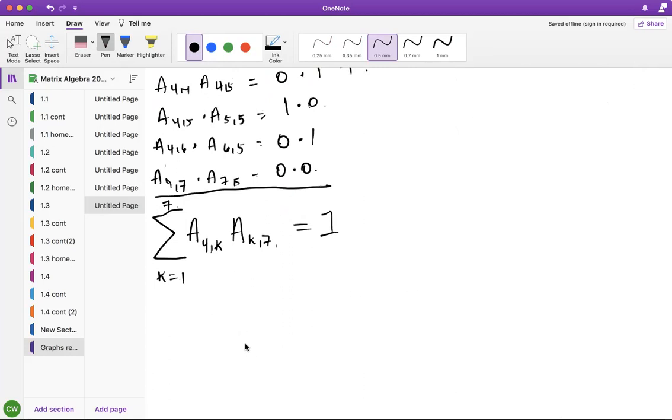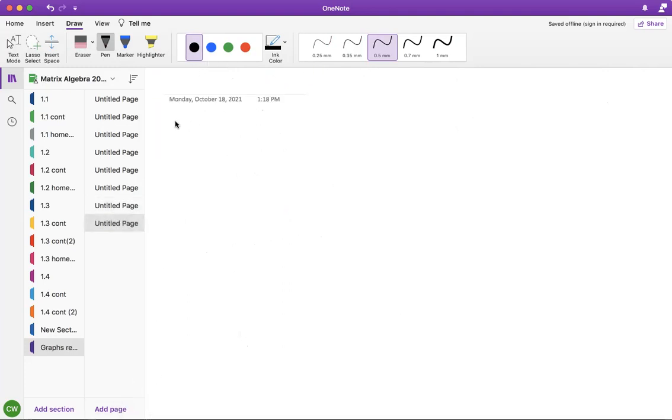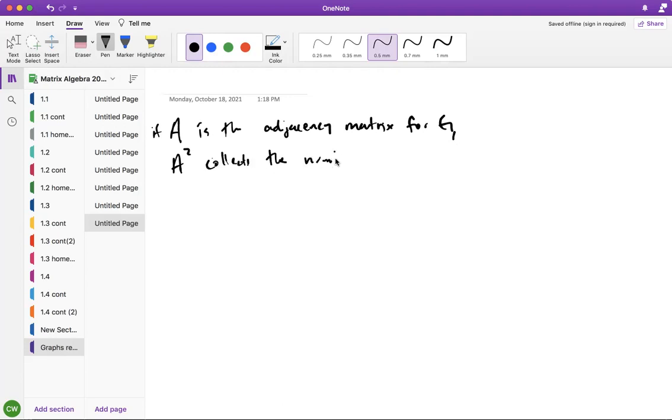So let's define that. If A is the adjacency matrix for G, A squared collects the number of length 2 paths.